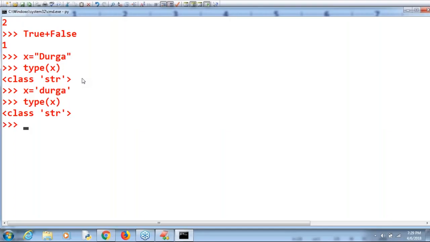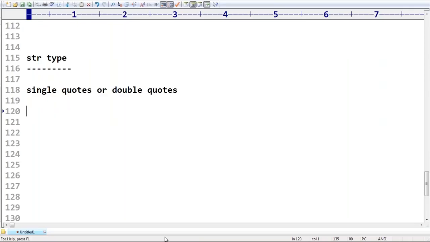One more point you should be aware of: in Python we can also use triple quotes, either triple single quotes or triple double quotes.